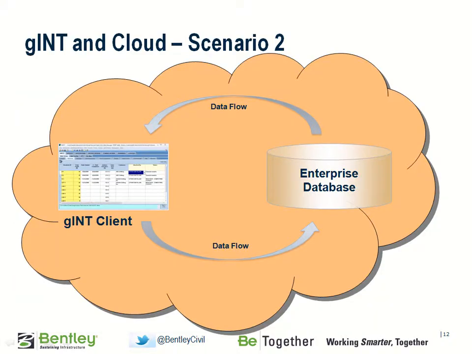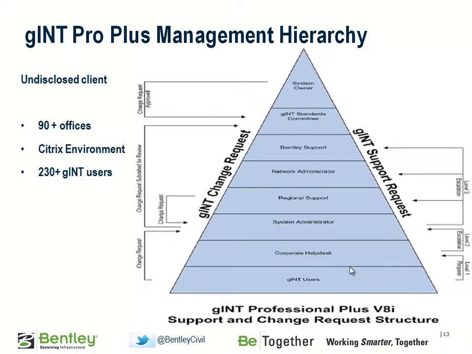And the second scenario is running both GINT client and enterprise database in the cloud. That can also be done with Amazon EC2 as described before, or alternatively there are other virtual environments that some of our clients use, and one such environment is Citrix. Here is a real-world example of one of our clients.